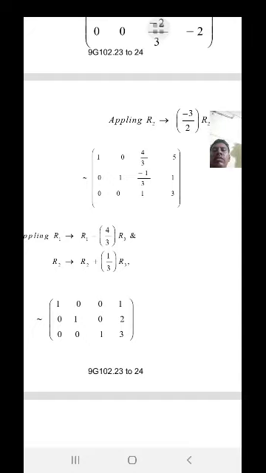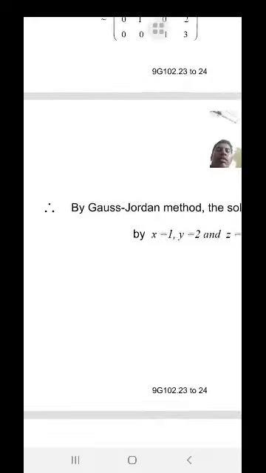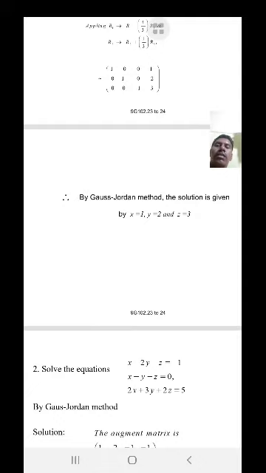Then that equals 1 0 0, 0 1 0, 0 0 1, and the last column is 1, 2, 3. Therefore, by the Gauss-Jordan method, the solution is x equals 1, y equals 2, and z equals 3. If we substitute these values in any equation, we will get the right side constant. So this is how we solve.